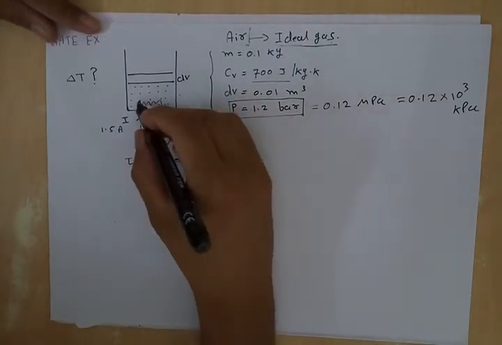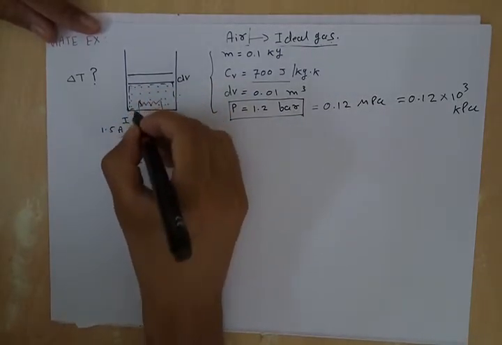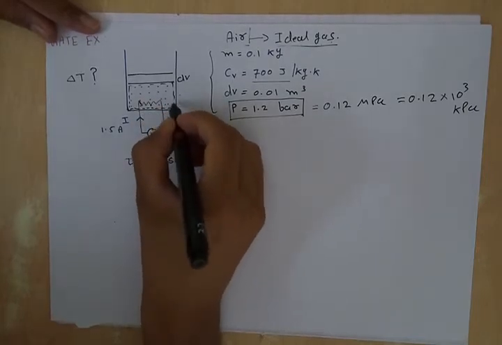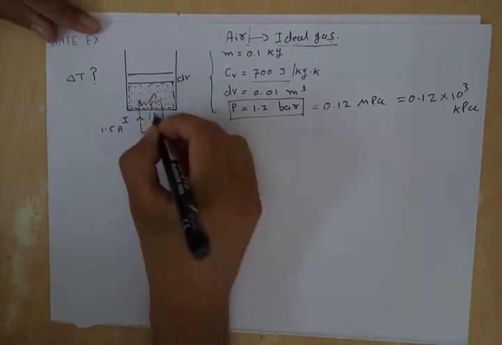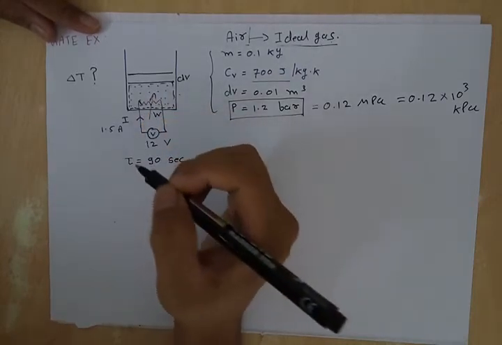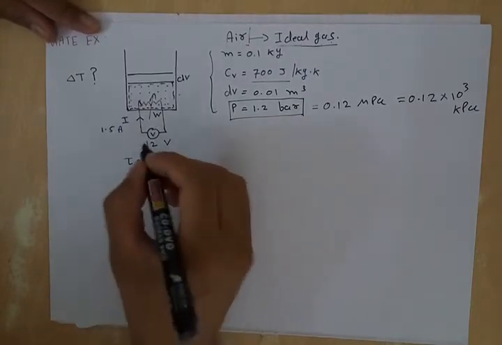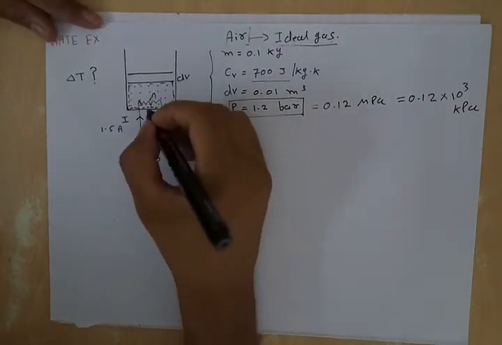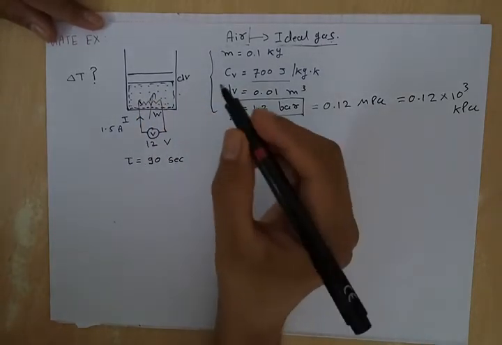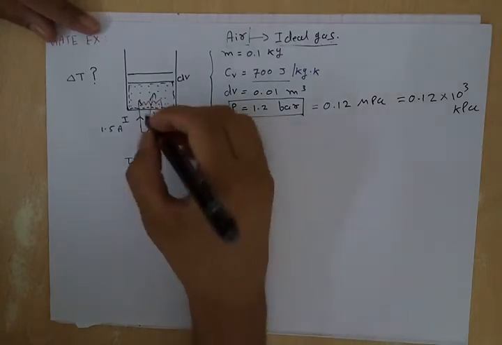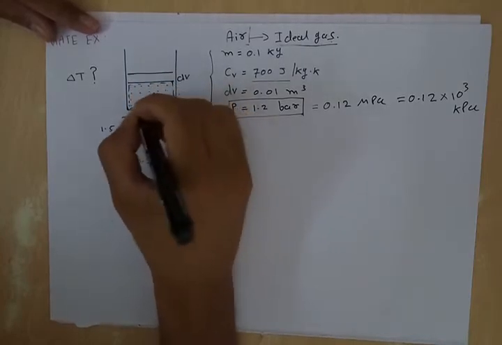Now actually this is our boundary, in which this boundary is cutting the filament, so we will consider this input as work. This is an example of work transfer, not heat transfer. So this is electric work transfer, which is transferring from surrounding to the system.